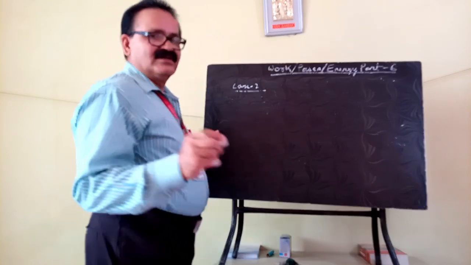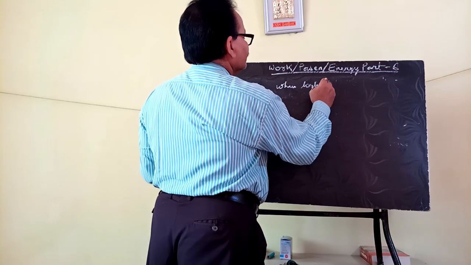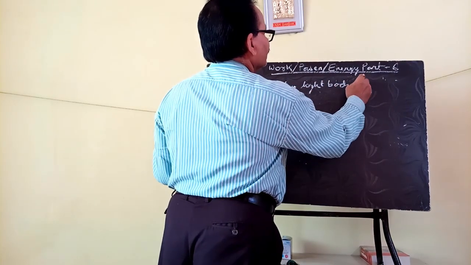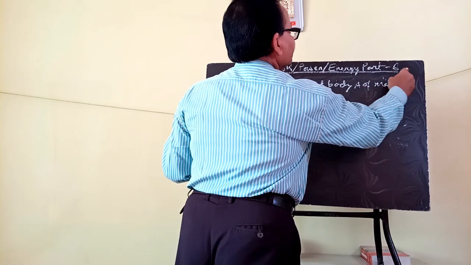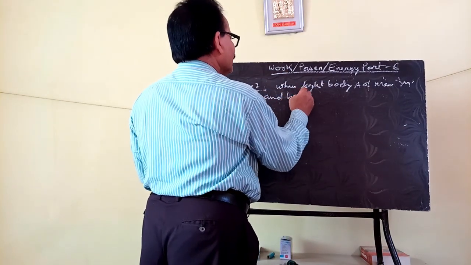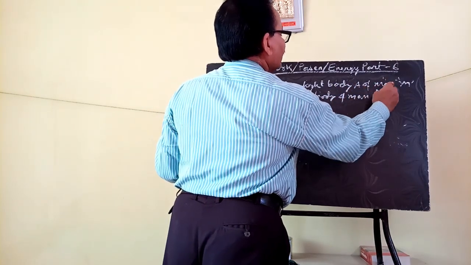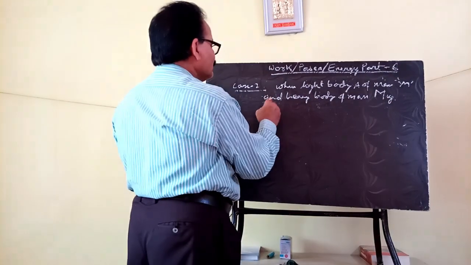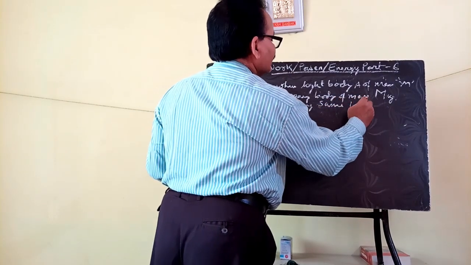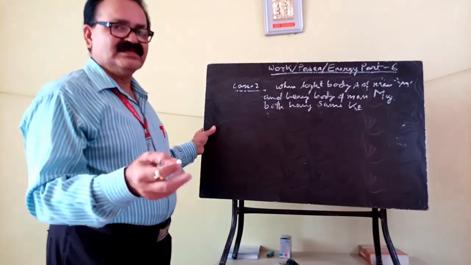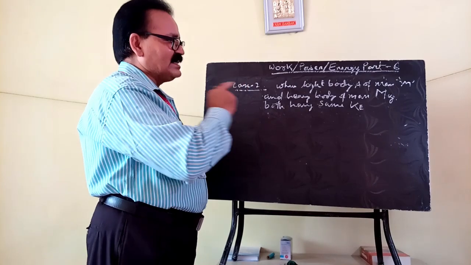In this case, what we will see, when light body A of mass small m kg and heavy body of mass capital M kg, both having same kinetic energy. Okay, now in this condition we will see kinetic energy of both the bodies are same.